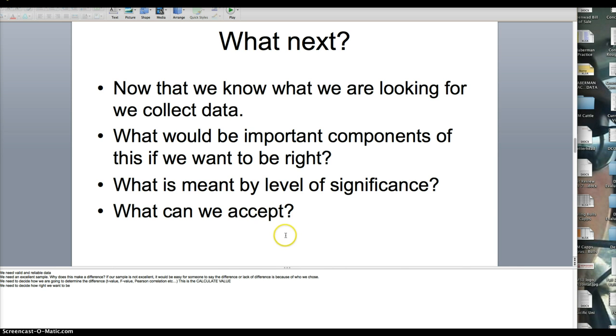We want a level of significance that is acceptable. And if you remember back a couple of chapters ago, we talked about having a p-value that is less than 0.05. And that means we're saying that 5 times out of 100 we're willing to say that something's true that's not. And we can't accept more than that, but that is the maximum that we can accept.